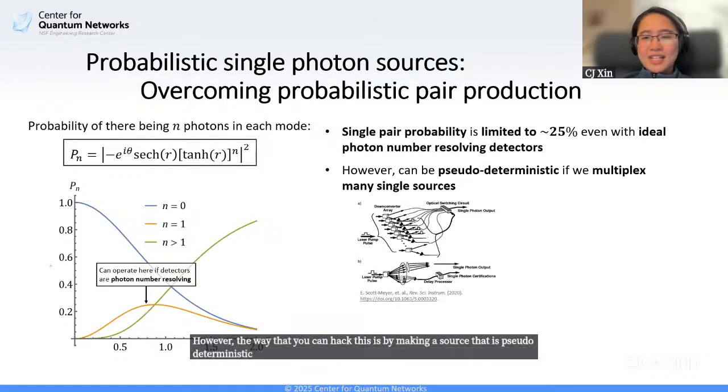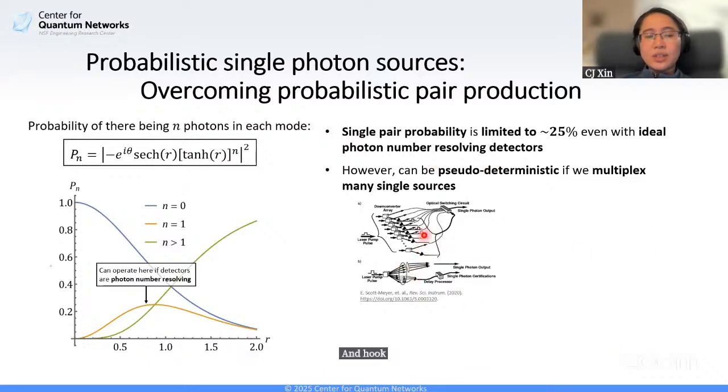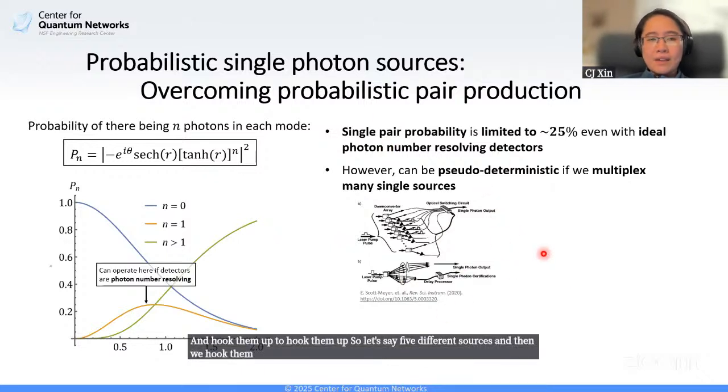Basically, we route a pump across many. So this is a spatial multiplexing example. We route a source across many different channels, so let's say 5 different sources, and then we hook them up to 5 different detectors, one for each source, and then we say, okay, in some unit time, one of those will click, and whichever one clicks will route that photon into the processing channel.